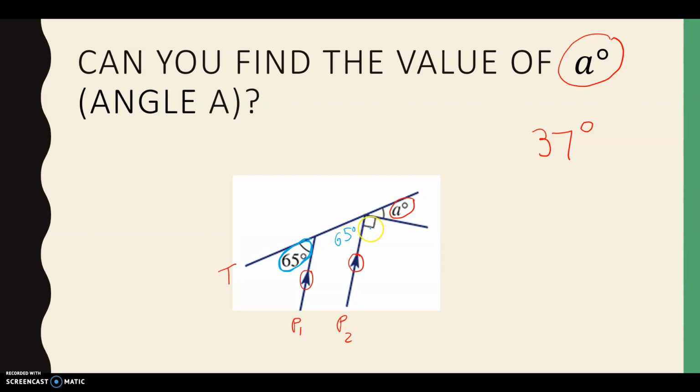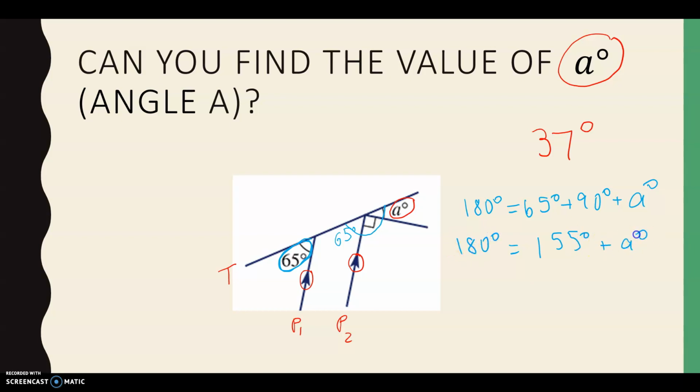We know this angle is a right angle, 90 degrees. And we know that overall, this entire angle is going to be 180 degrees. Okay, so 180 degrees is equal to 65 plus 90 plus our unknown, which is A. So if we add 90 and 65, we get 155 degrees.